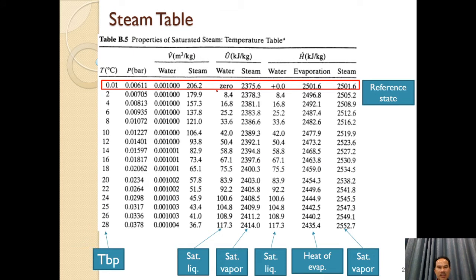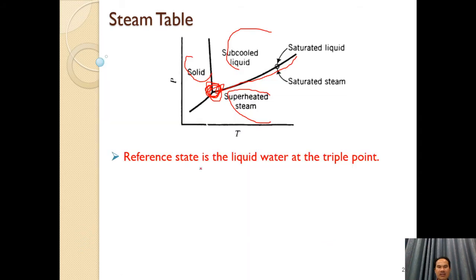This is the steam table of saturated steam, the water vapor. That's why it's water. The first column is temperature, and this is the pressure. This is the specific volume, specific internal energy, and specific enthalpy. Water and steam mean liquid and steam in equilibrium.